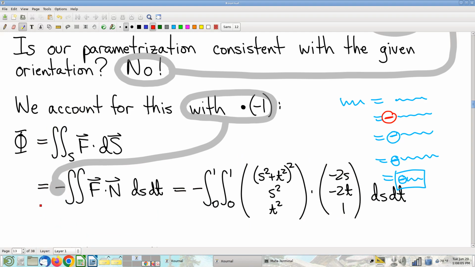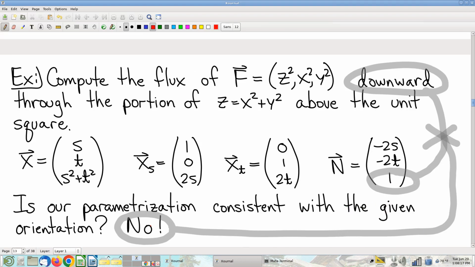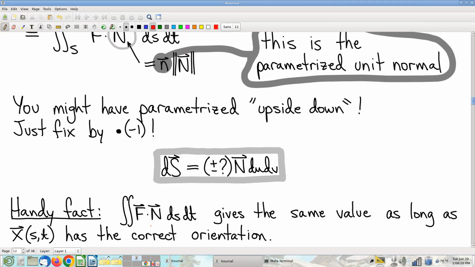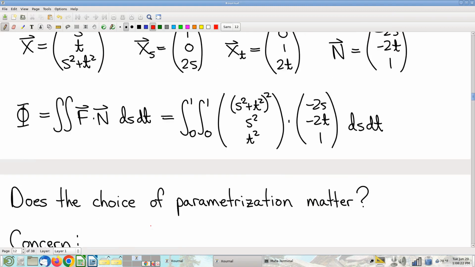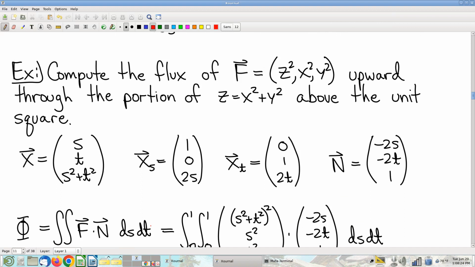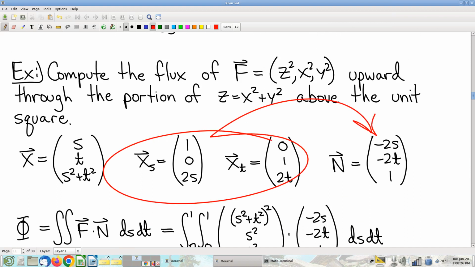Also, one other thing. Please also don't replace capital N. Our usual formula is that N is the cross product of your two partials of your parameterization.